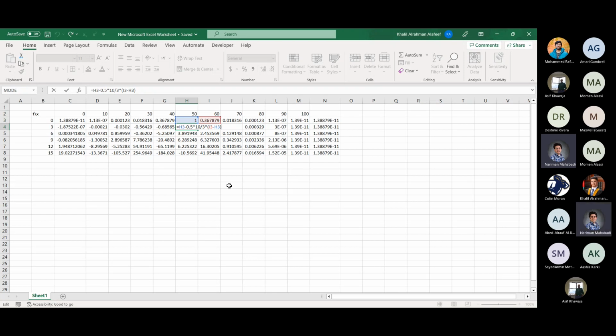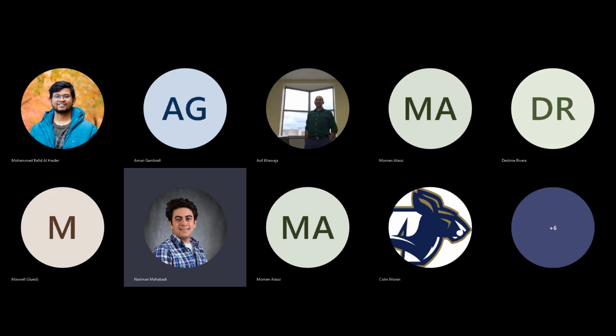I see the problem. Okay, so let me share my screen because the very last equation that I wrote has a small mistake.